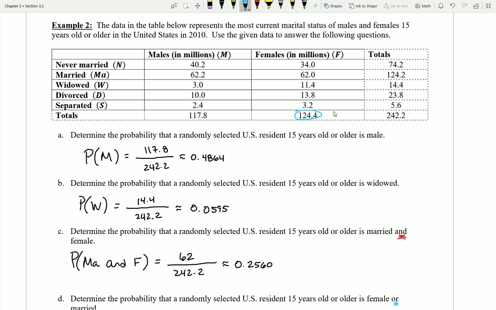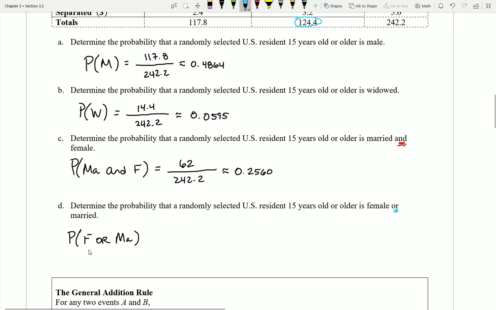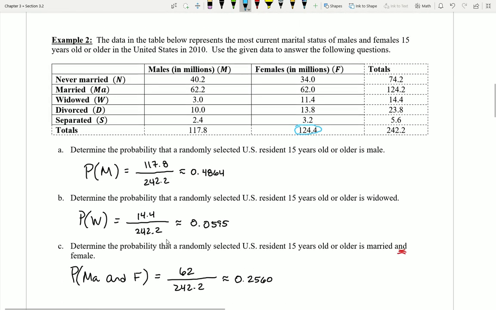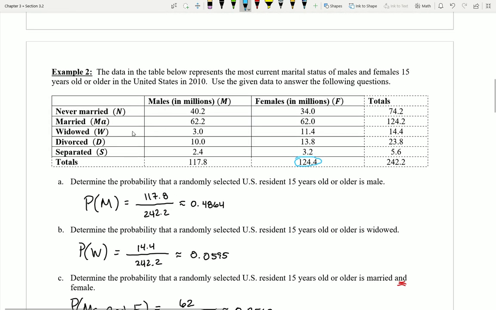Okay, so any of those people automatically meet the first description, right? So those people I definitely want to count as people that meet one or both of the descriptions. Okay. I can also see, though, that there are going to be a whole bunch of married people, 124.2 million married individuals.